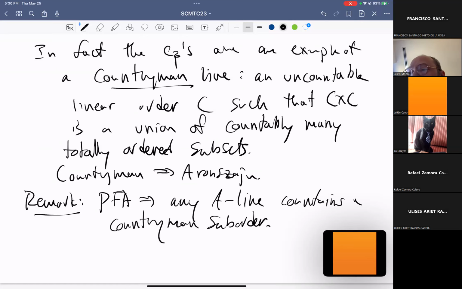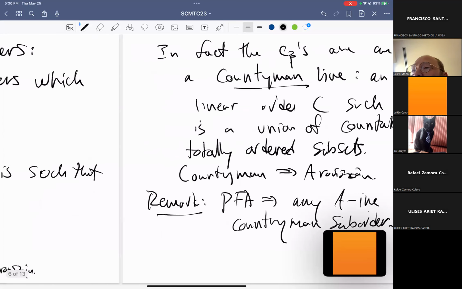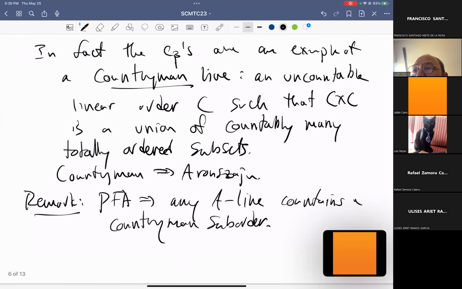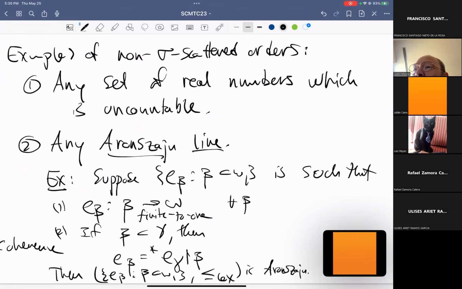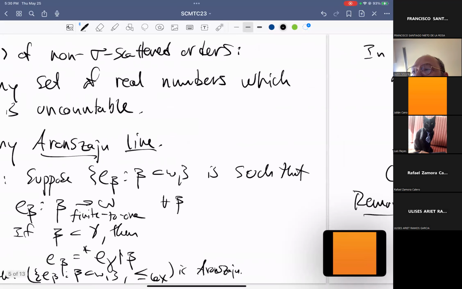I mean, there are special classes of Ehrenfeucht lines, but they are good examples in that they're basic examples of Ehrenfeucht lines. So this is another example of an order which is not sigma scattered. Again, they can't contain a copy of omega 1 or omega 1 star, and so by that modification of Hausdorff's theorem, they can't be sigma scattered.